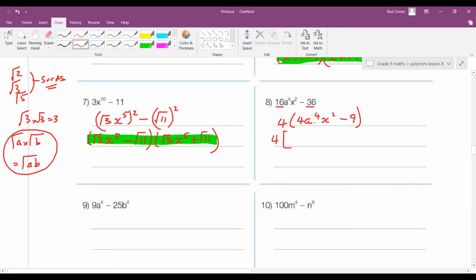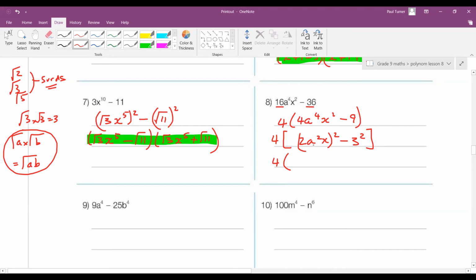And then your a^4 x^2 could be changed to (a^2 x) all squared, because now we need to make this power 2. And 9 would be 3 squared. Like that. So now we can write the factors for this part.